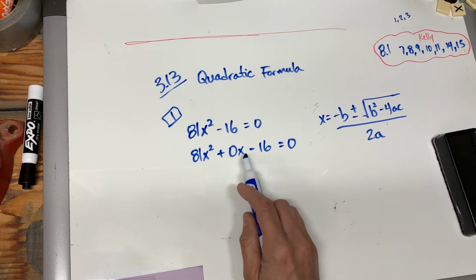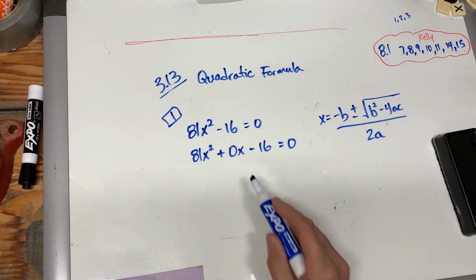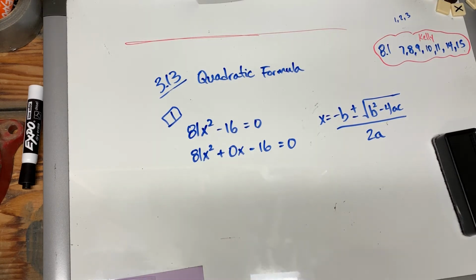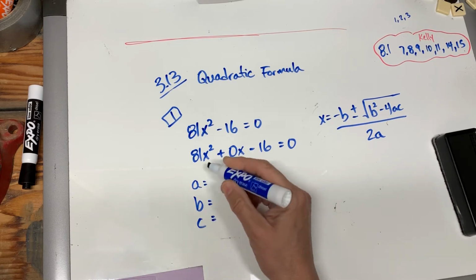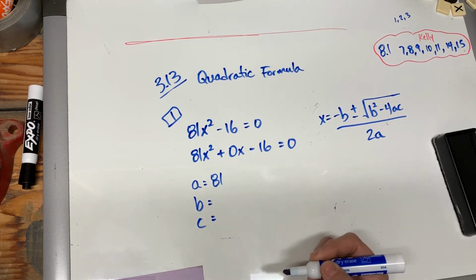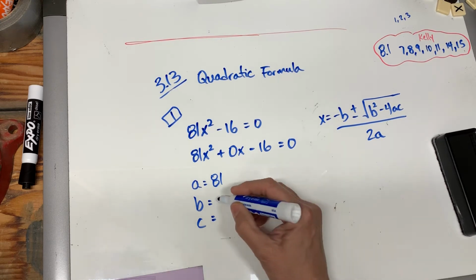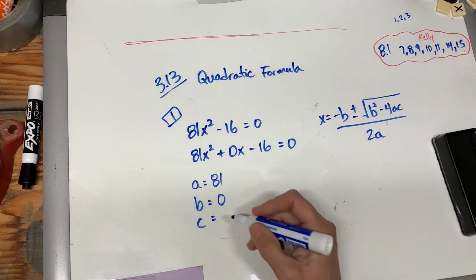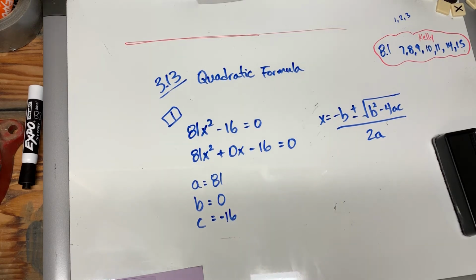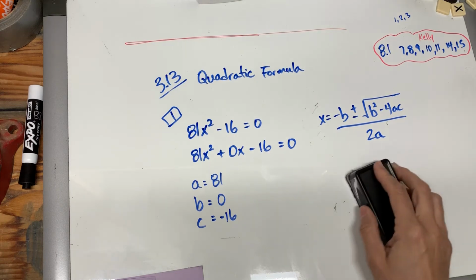If I simplified this, I will get what I started with, but this helps you to see what your a, b, and c are. So in this case, a is 81 because that's attached to the x squared. B is 0 because it did not exist for that term, and c is -16. And you would just plug those in and use your calculator the best you can to simplify that quadratic formula.